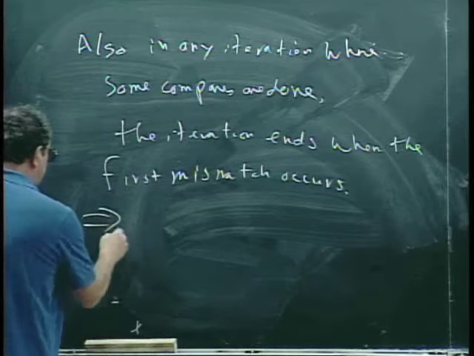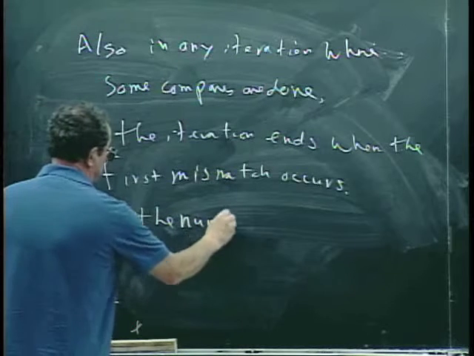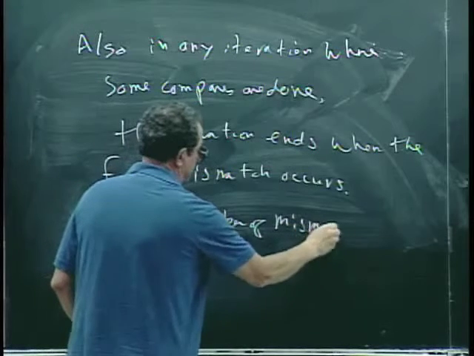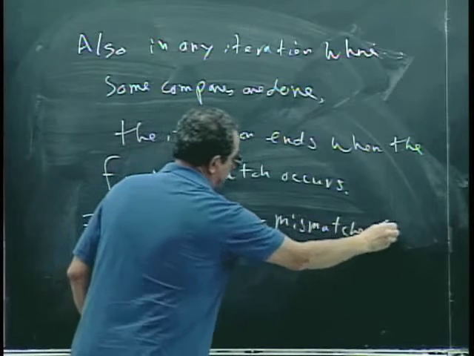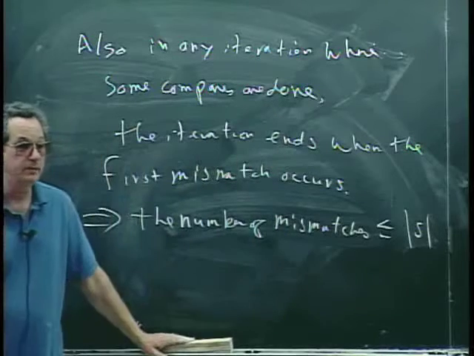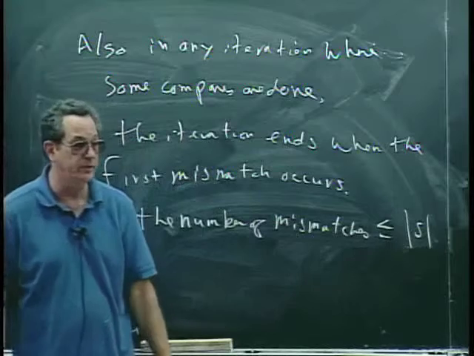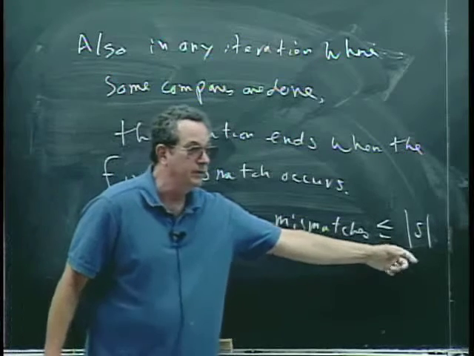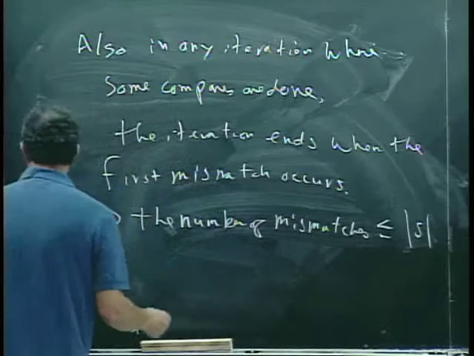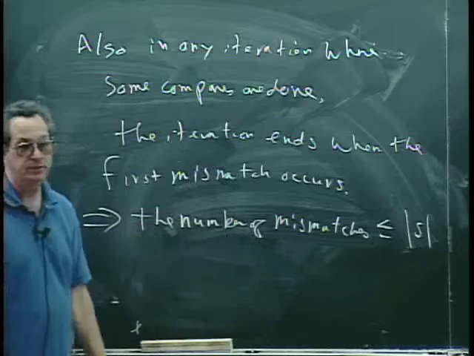So this implies the number of mismatches is less than or equal to the length of S. Okay. This many iterations, at most one mismatch per iteration, so certainly at most that many mismatches. Every comparison is either a match or a mismatch, so we've already bounded the number of mismatches.